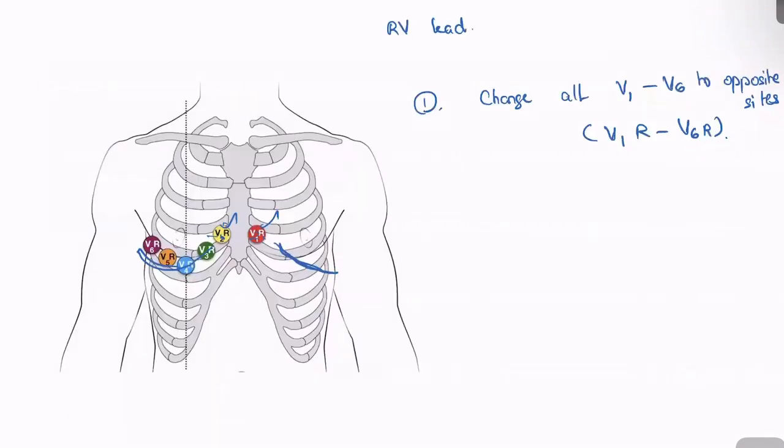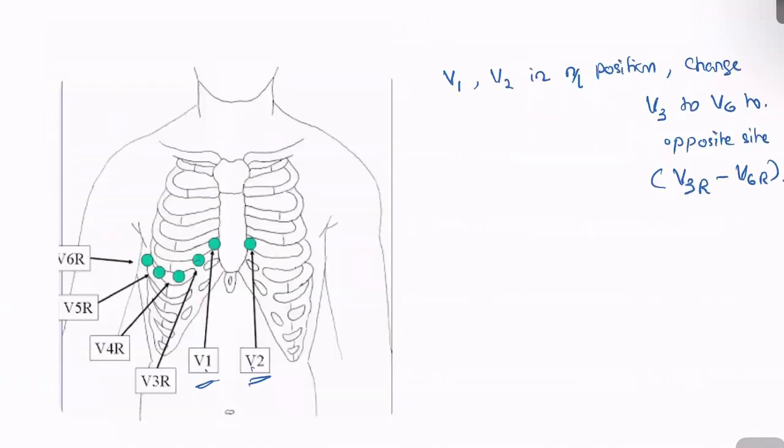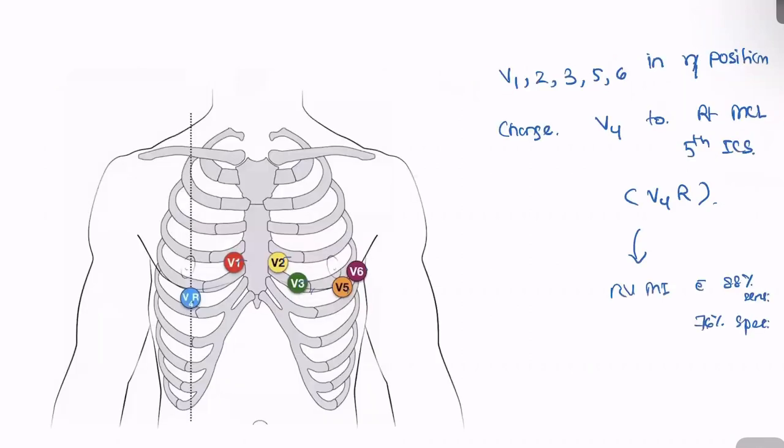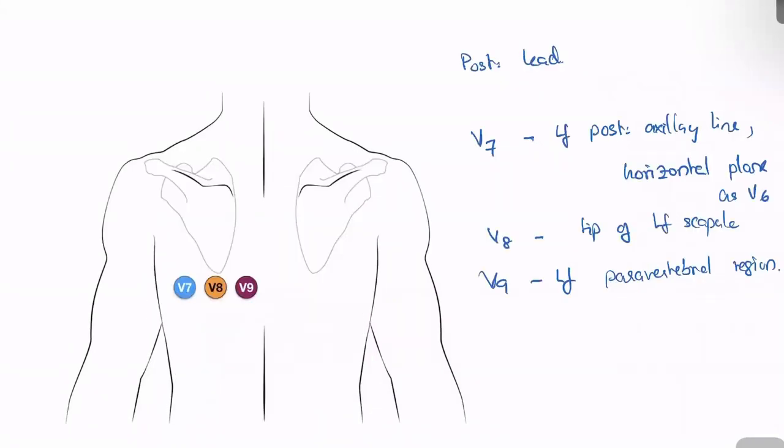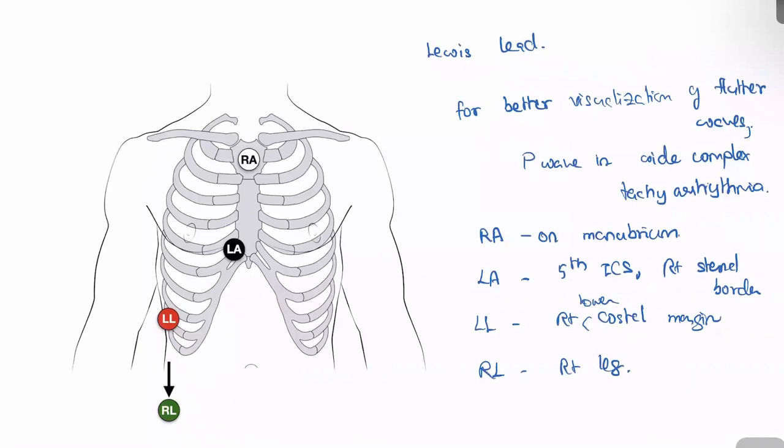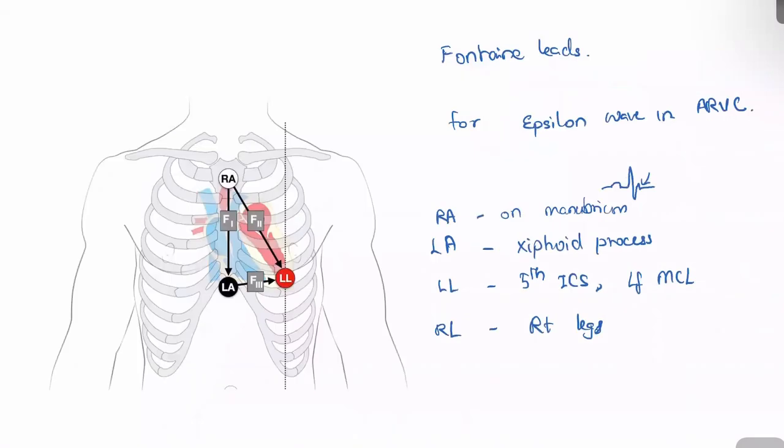V1 to V6 to V1R to V6R, V1 to V2 in the normal position and V3R to V6R, or only V4R with all others in the normal position. It also has good sensitivity. And the posterior leads, how to do the posterior leads, and specialties like the Lewis lead, discovered by Sir Thomas Lewis, and Fontaine leads by Guy Fontaine.